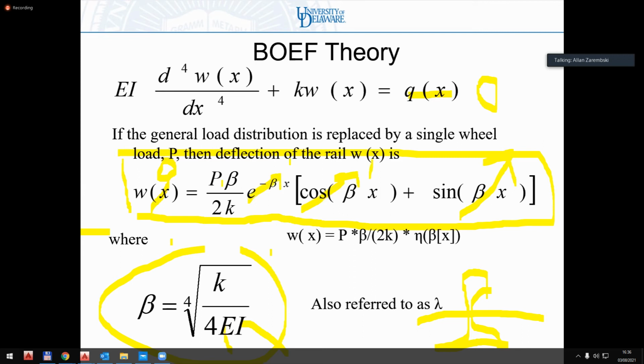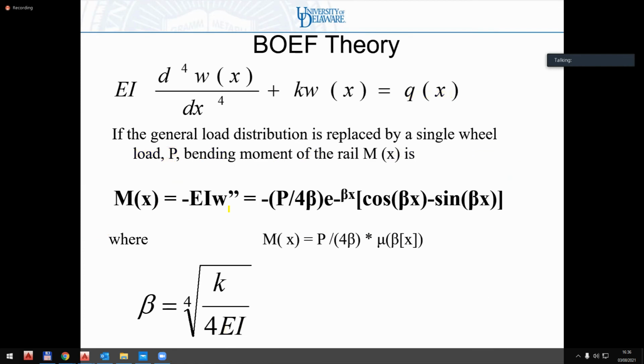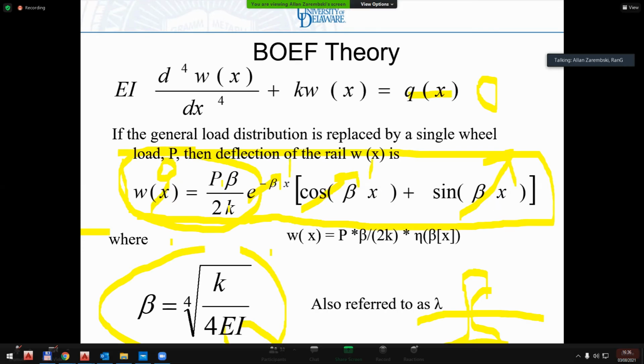This term becomes 1. And my deflection at x equals 0, or my maximum deflection, is nothing more than P beta over 2K, where again P is the dynamic load, beta is the fourth root of K over 4 EI, and K again appears over here, which is my track stiffness. So that's my deflection.